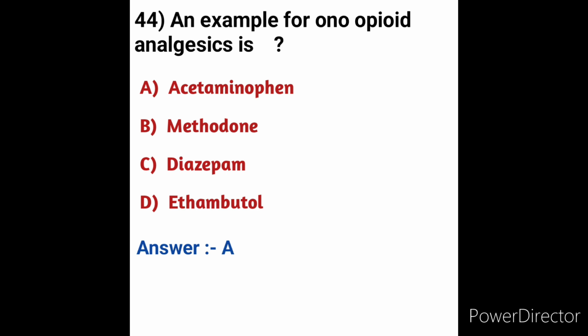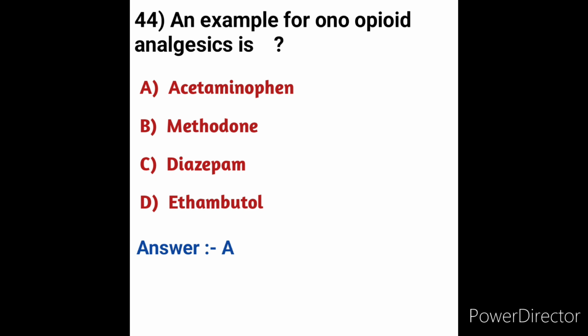On to question number 44. An example for non-opioid analgesics is. Actually, I have to mention non here, it was mistakenly typed as ono, but here it is non-opioid analgesics. You will see the options here. Option A acetaminophen, option B methadone, option C diazepam and option D ethambutol.